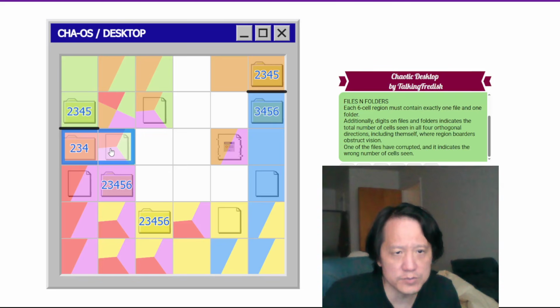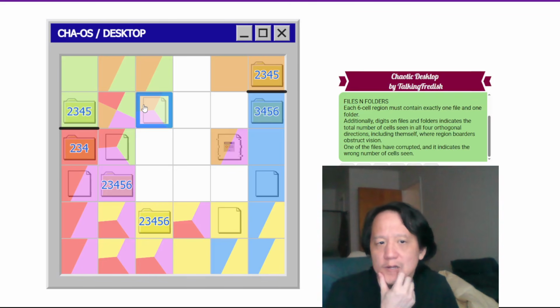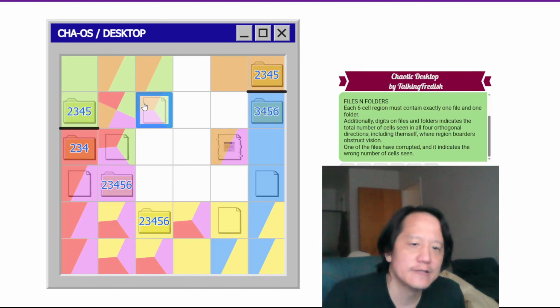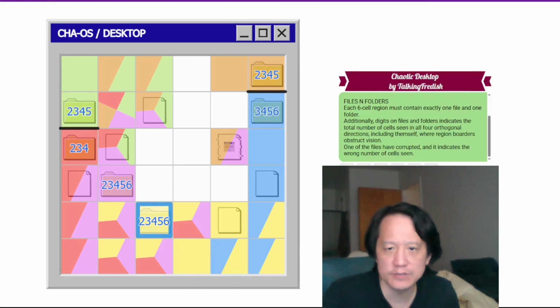Red would go this way. This would then be orange. That would be green. That seems feasible. Oh, this is not seen by this cell here, so this can't be 6.